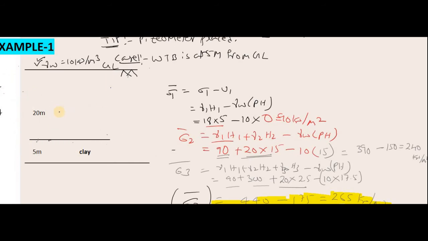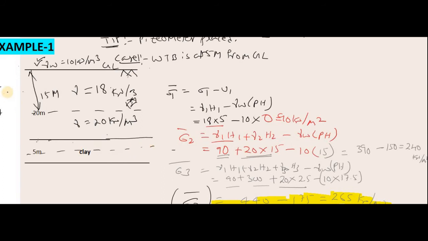The water table is now at 15 meters from the ground level. He gave the unit weight above the water table as 18 and below the water table as 20 kilonewton per meter cube. We need to calculate effective stress at mid of the clay layer.